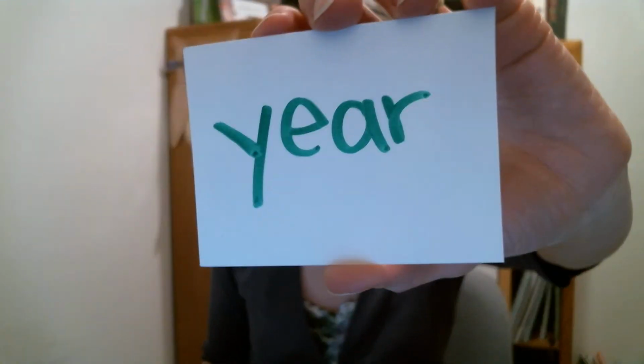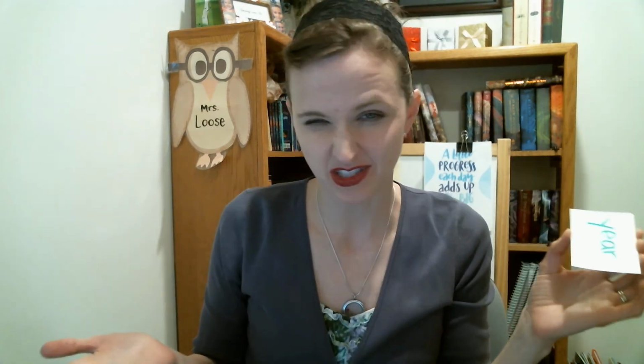Okay, so we have days and weeks and months, and those are all inside of a year. A year is 12 months. In a year, you can have like one birthday. You only get your birthday one time a year, right?